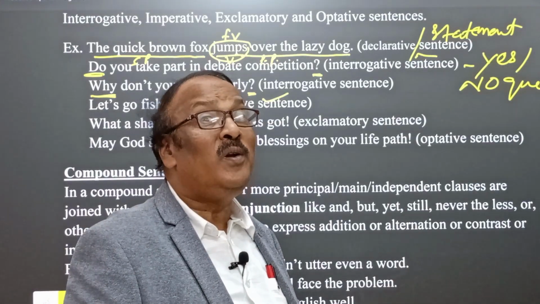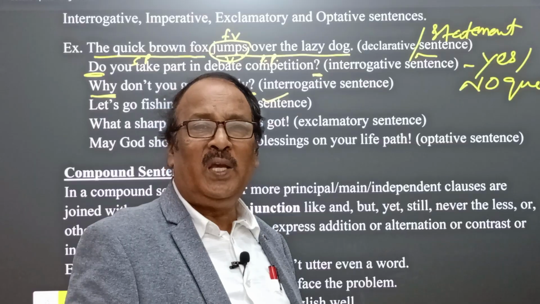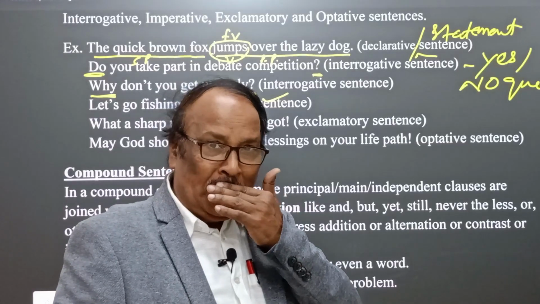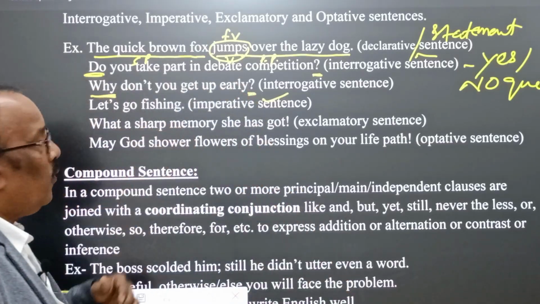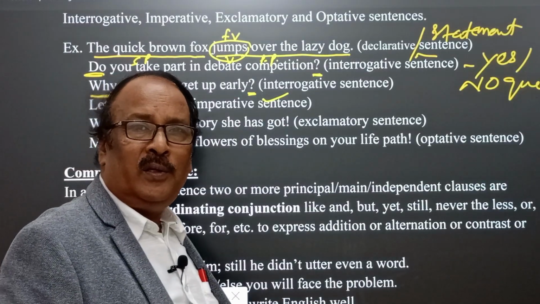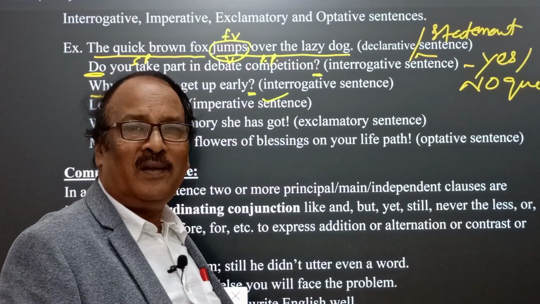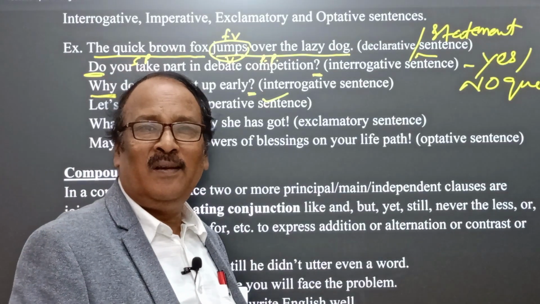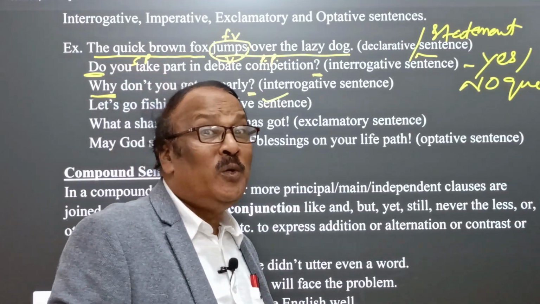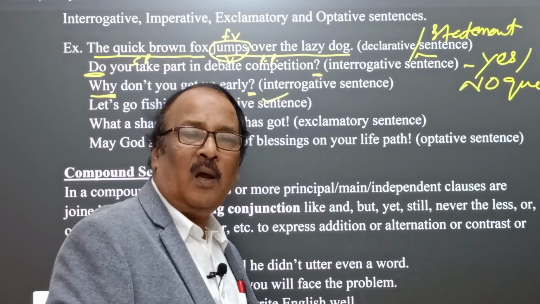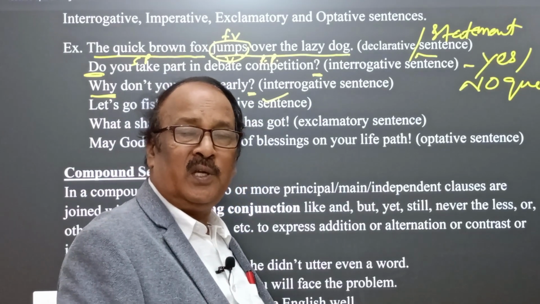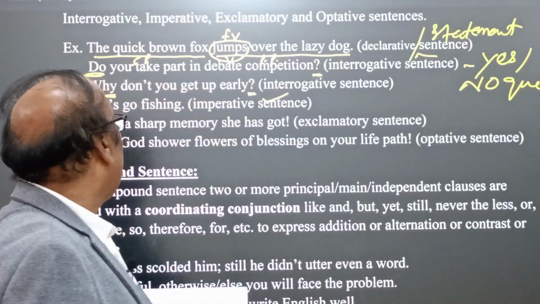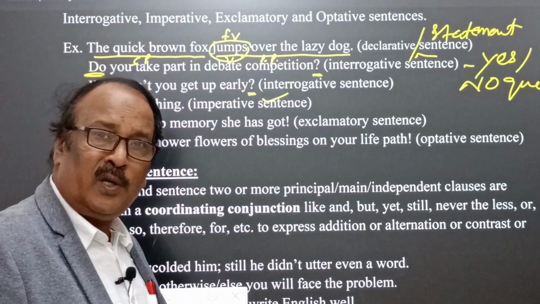That's why the speaker is asking someone to go fishing, and hence here we find an imperative sentence. Let's go fishing. Why don't we go fishing? So here we find this is a sentence of suggestion.